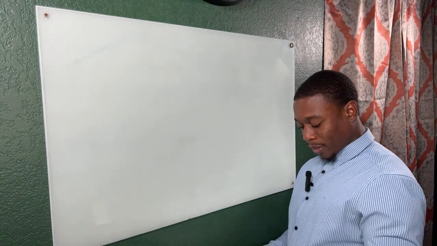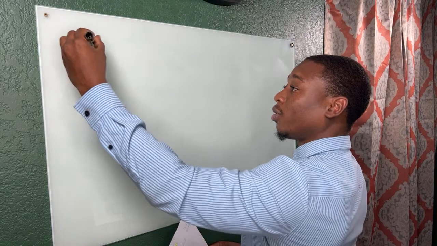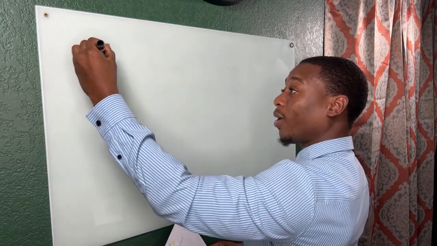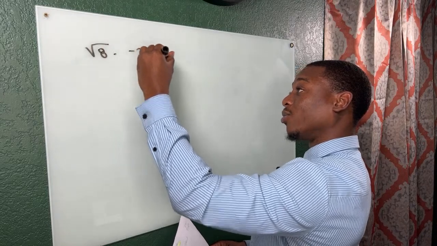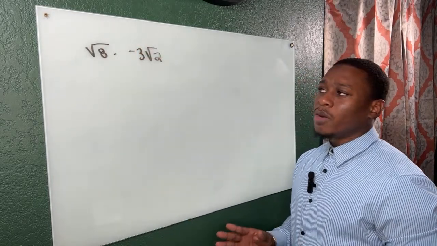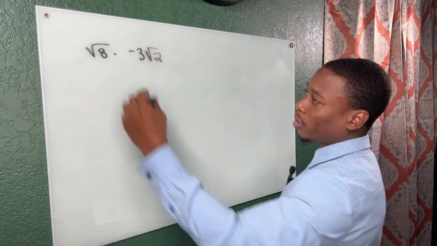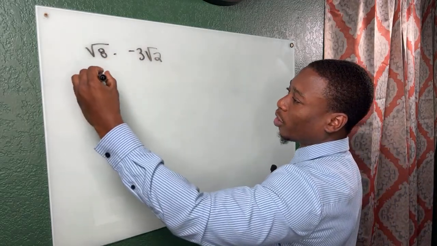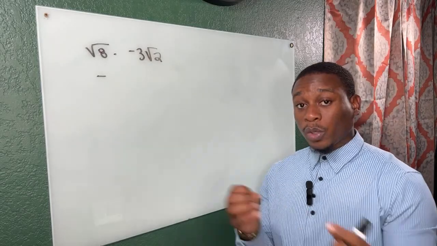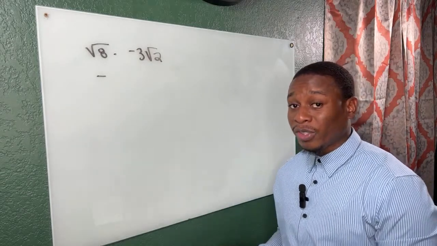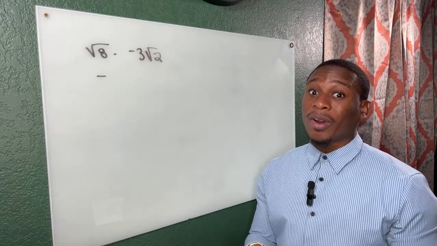All right, so let's go to this example. So we have radical 8 multiplied by negative 3 radical 2. So I'm only going to do one method for now. I'm not going to do two. So let's just say we multiply straight across. When we multiply radicals, we multiply coefficients with coefficients, radicals with radicals, sorry.